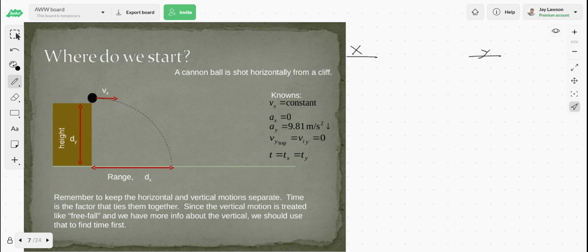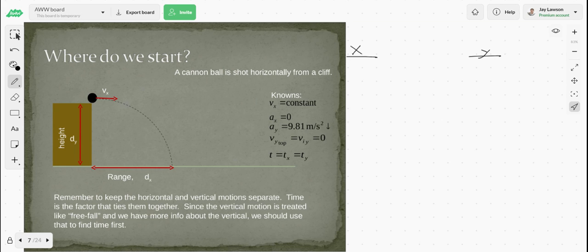And the next point says time is the factor that ties them together. Okay, so time is the thing that ties it together. It's the one and only thing that the x and y directions are going to have in common. You'll see why that's important later. And the next point says, since the vertical motion is treated like free fall, and we have more info about the vertical, we should use that to solve for time first.